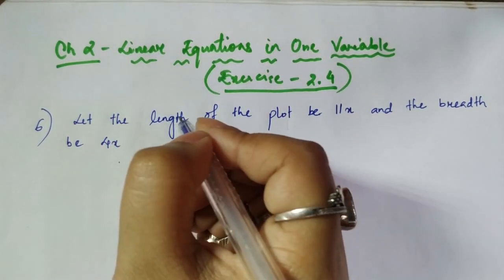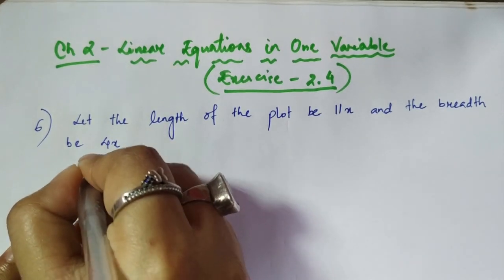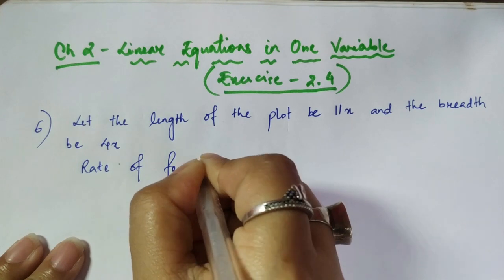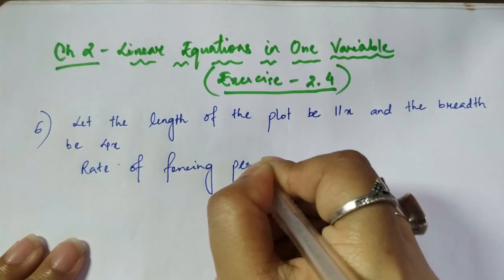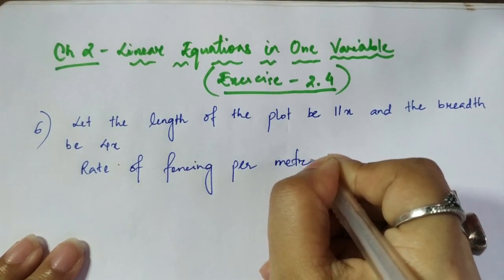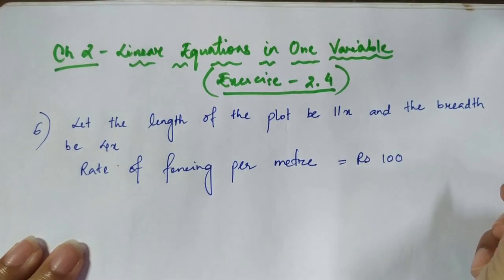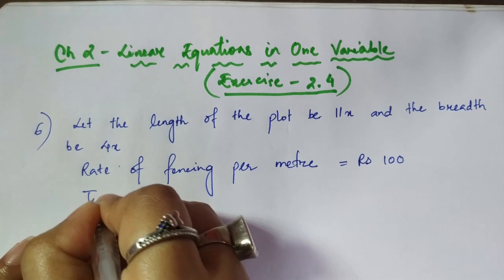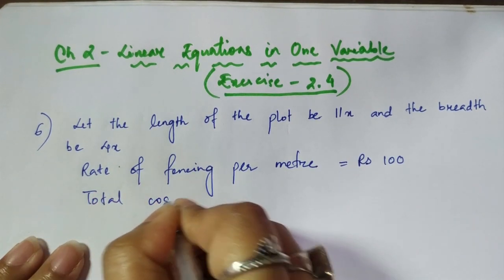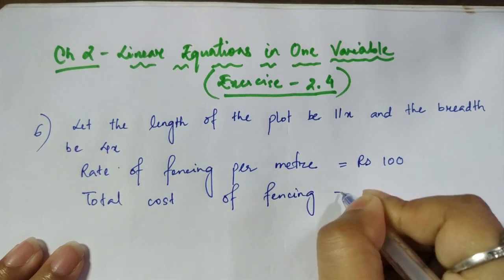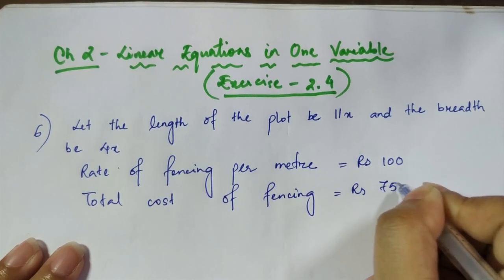Okay, so this is the thing. Now what are the other things given here? Rate of fencing per meter. Per meter cost is given as rupees how much? 100. Okay, and total cost of fencing is given as rupees 75,000.